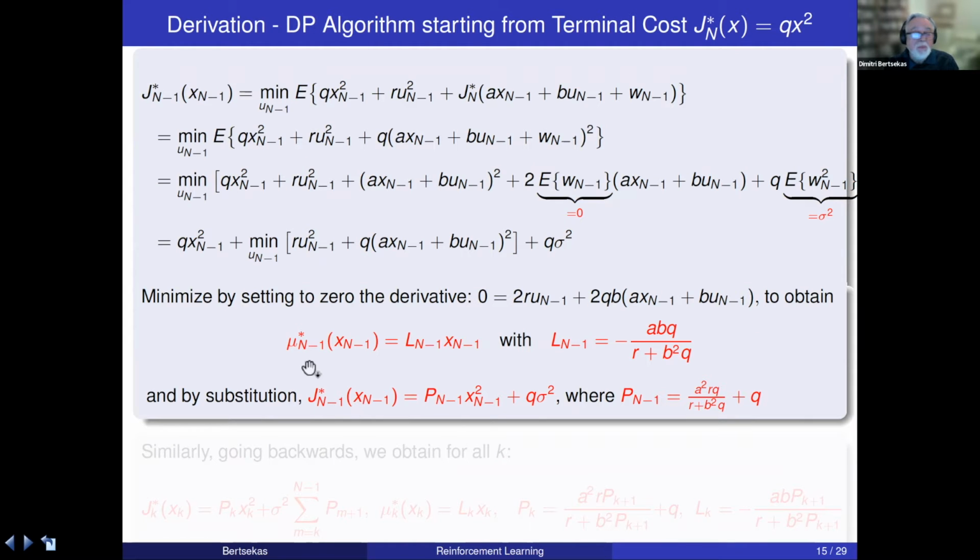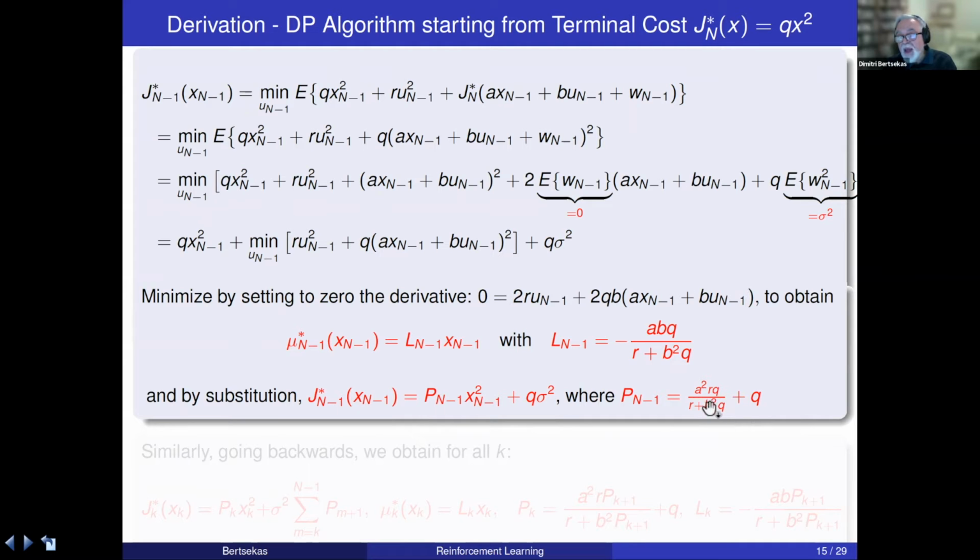And because u enters quadratically in this expression and is linear in x, we obtain something that is quadratic in x. It's this quadratic here plus the constant term. And after doing all the calculations, collecting terms and so on, the expression for P_{n-1} is what you see right here.